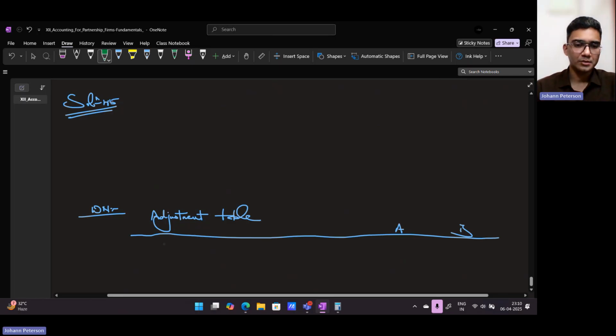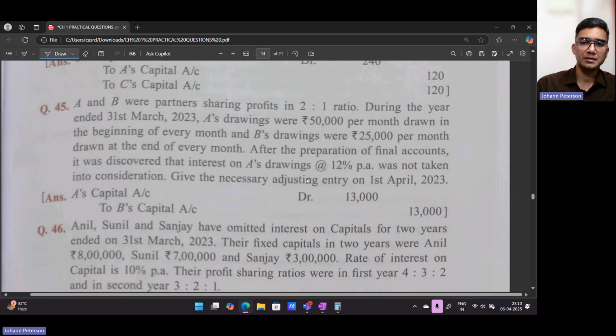We'll do it a little quickly now. So interest on drawings. This will be debit because I'm taking it back. How much am I taking back? So from A and B, A's drawings were 50,000 per month, drawn at the beginning of every month.